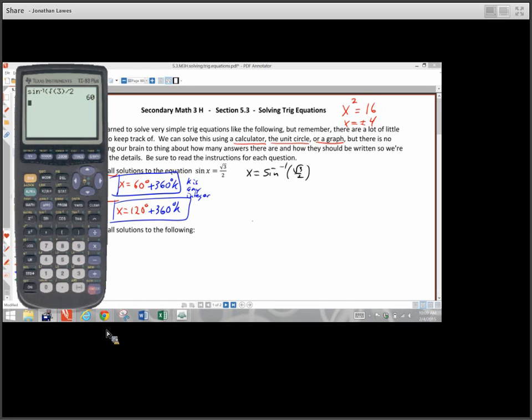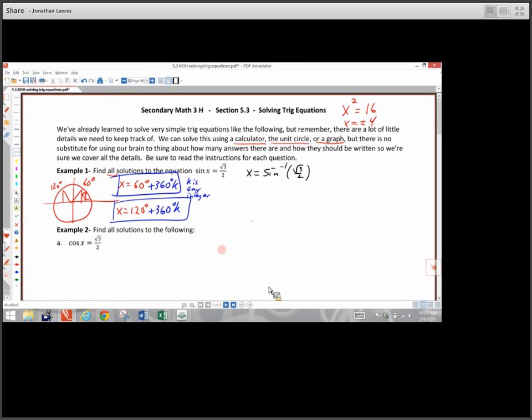It says 60, right? Okay, now, here's what I want you to keep in mind when you're solving something on the calculator. This is why in chapter 4 I had you think this way about inverse trig functions and why I had you draw these pictures. Remember that sine inverse gives you answers in these quadrants right here, in quadrant 1 and 4.